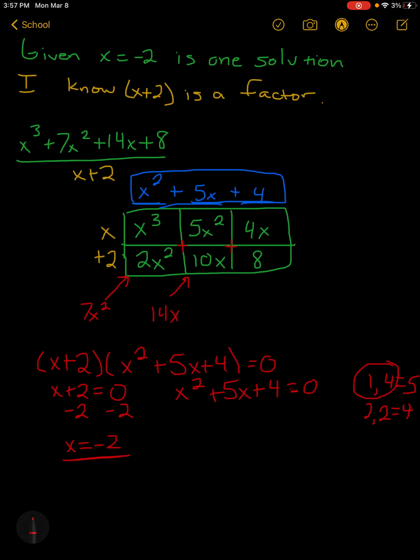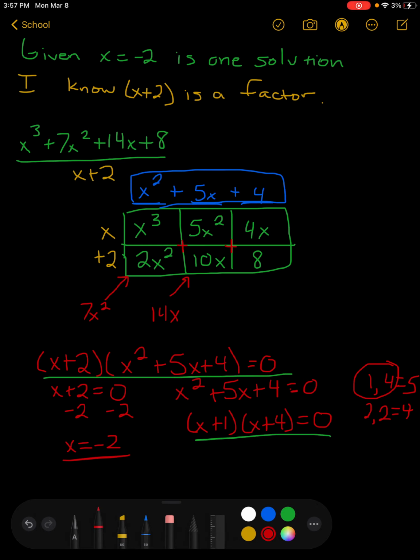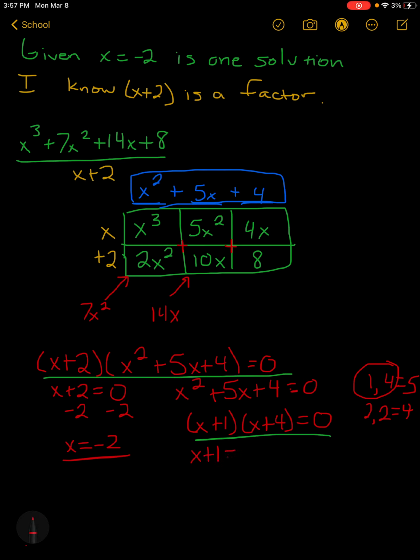So x plus 1, x plus 4 equals 0. And now, if you notice, I'm actually back into a similar place here as I was here, right? I have my two factors set equal to 0. Again, I have my two factors here set equal to 0.